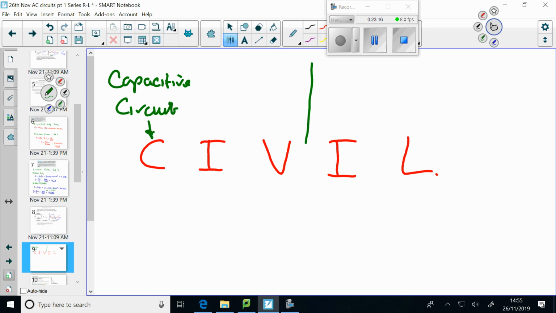Capacitive circuits, current leads voltage. So in that word CIVIL, because current comes before voltage on the capacitive side of that word, you would say current leads voltage. We just now did that. The current had a positive 90 degree angle.